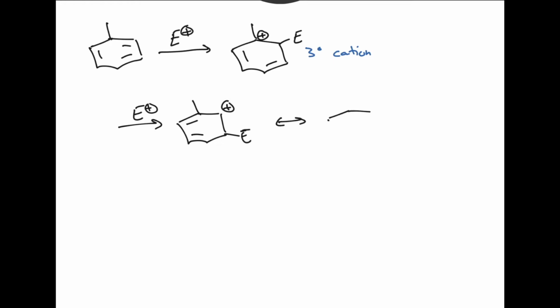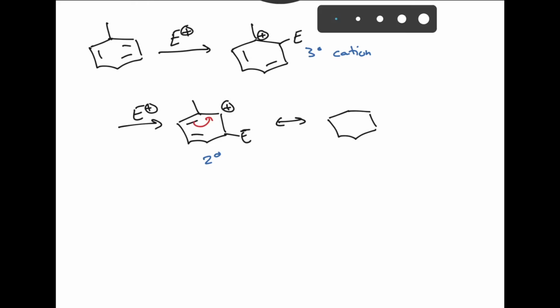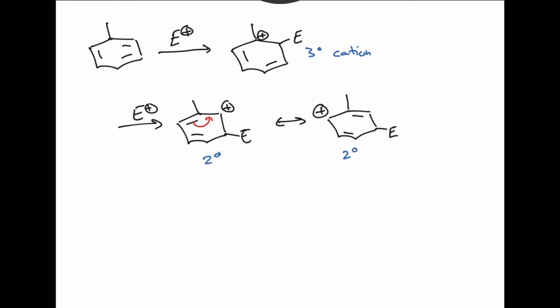And I draw a resonance structure. So this is secondary. If I draw a resonance structure where I move these electrons over, I still get a secondary carbocation. So when I make my electrophile go on the meta position, I never have a resonance structure where I get to make the more stable tertiary carbocation.